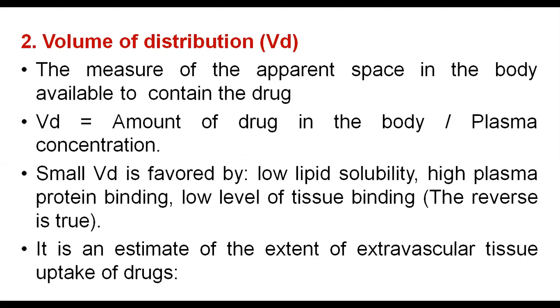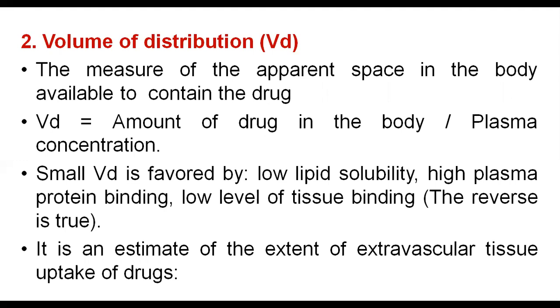Another pharmacokinetic parameter is the volume of distribution. We were looking at bioavailability, and we've discussed that bioavailability is the percentage of the drug that reaches systemic circulation and becomes available to the tissues to exert an effect. We have said bioavailability will be affected by a number of factors, among them the absorption of the drug, and also the first pass metabolism.